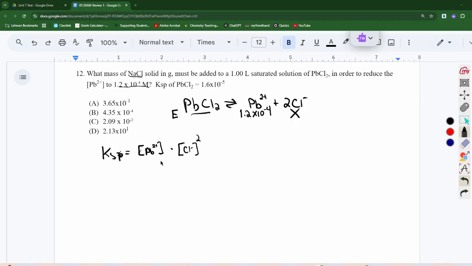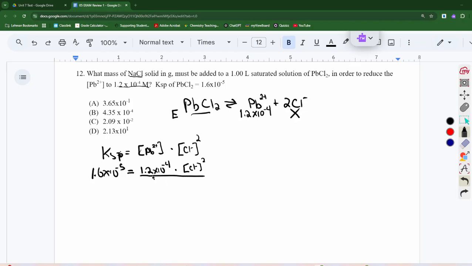And we're saying that our KSP, 1.6 times 10 to the negative fifth, is equal to, and at this equilibrium we have this much lead, 1.2 times 10 to the negative fourth. So how much chloride ion concentration must there be? Well, let's just solve algebraically.